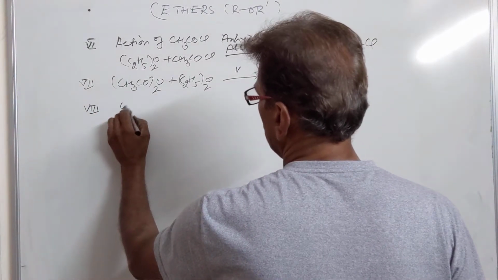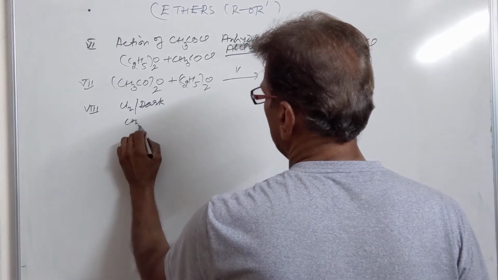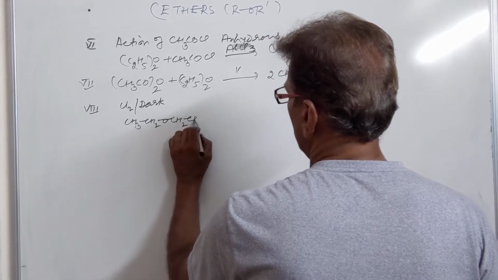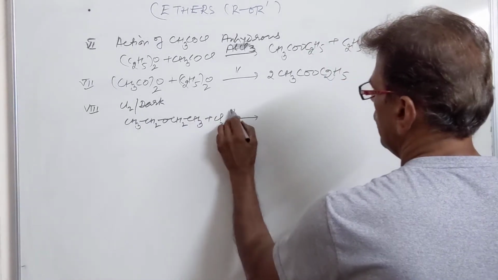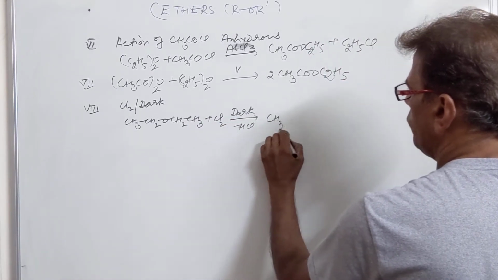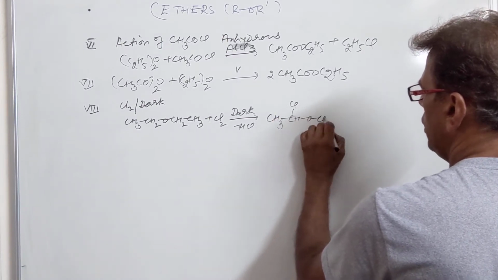So, action of Cl2 in dark. If we take diethyl ether treated with Cl2 in dark, with loss of HCl, we get alpha chloro diethyl ether.